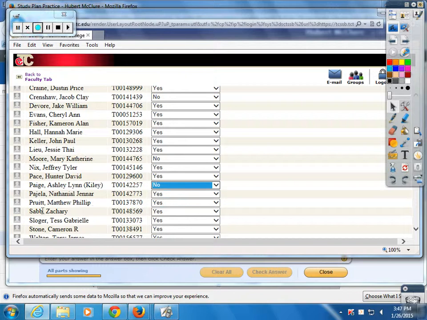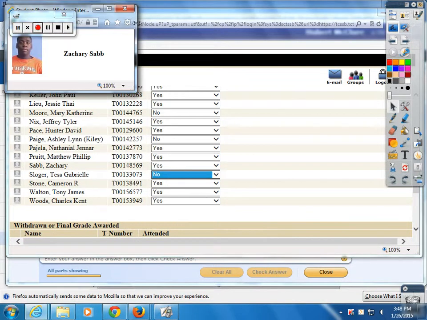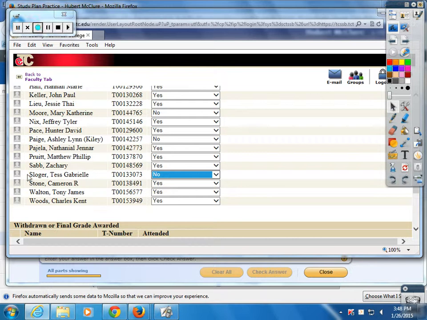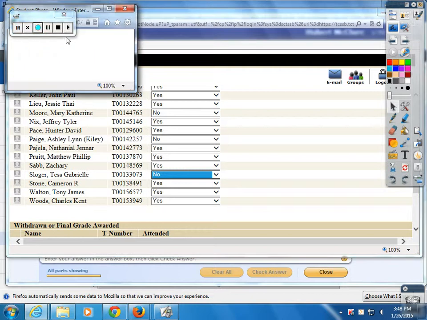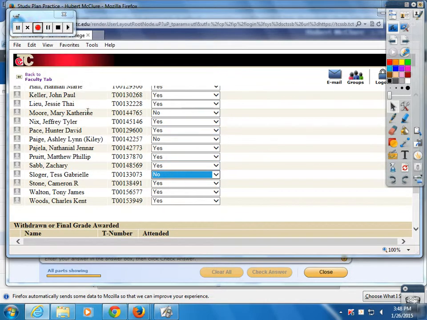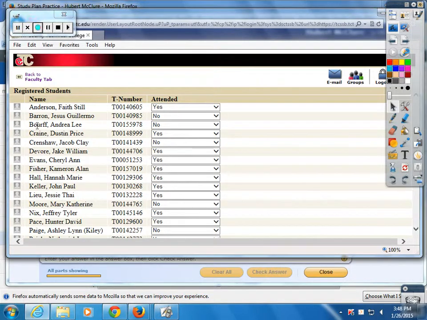Here. Okay. Pruitt. Saab. Sloger. Stone. Walton. Here. And Woods just left. Okay, so the only people that are absent are Sloger, Page, Moore, Crenshaw, Borf, and Barrett.